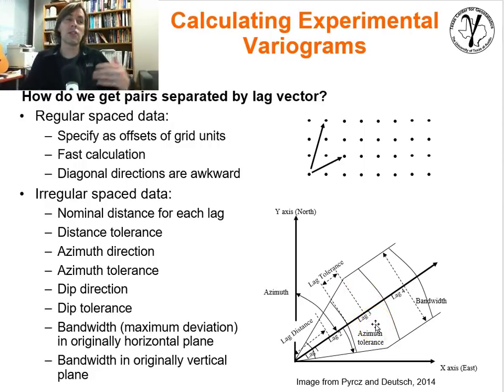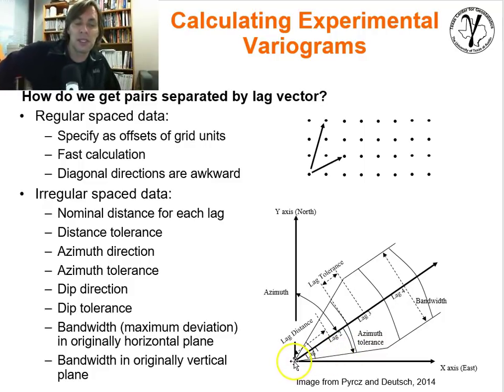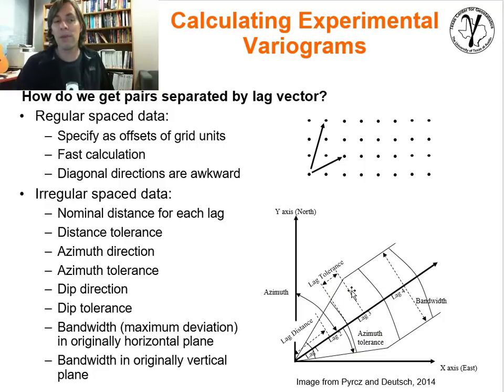So then you put a plus or minus on the azimuth also, or on the dip. The result is you now have a distance tolerance and an azimuth tolerance, and so you have a template, over which, if there was a tail data point here and a head data point here within that template, it would be considered to be within the lag 3 bin for that direction given my tolerances.